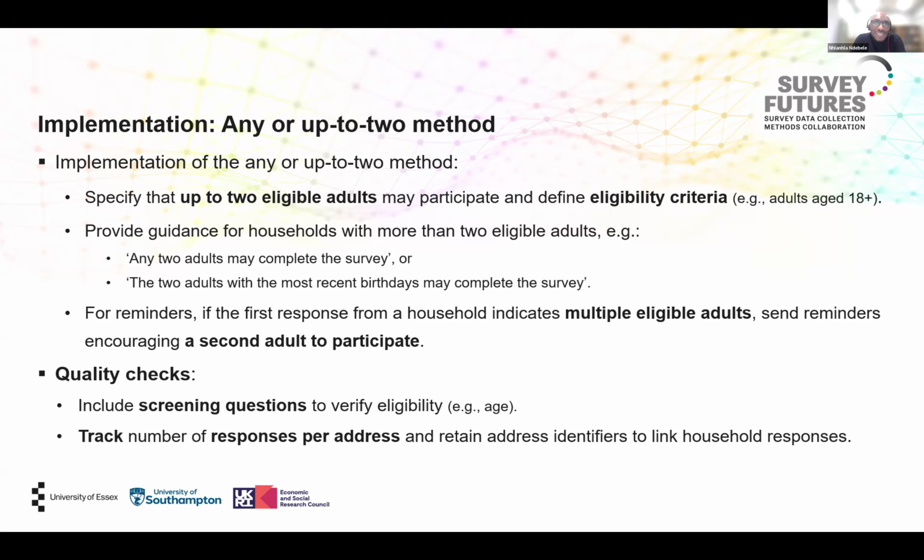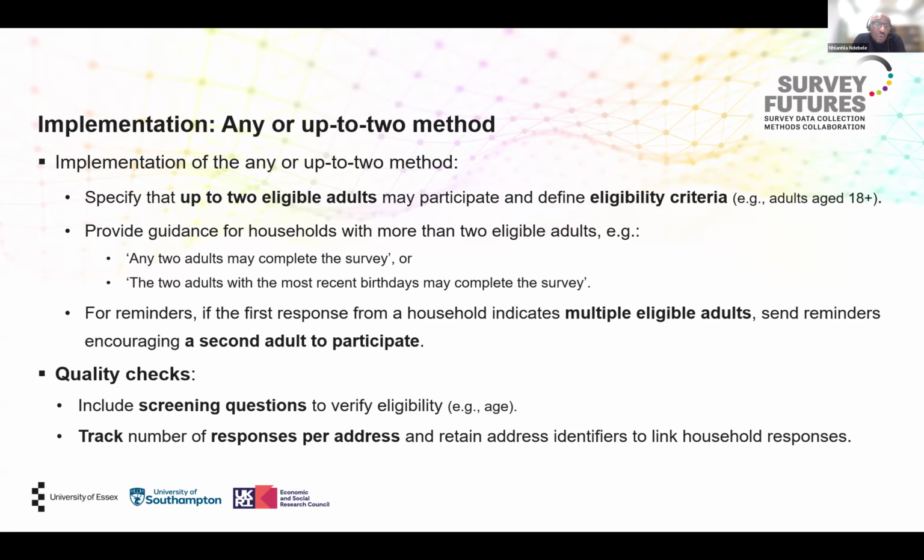The second person might be self-selected between the other 2 respondents. Or you can specify that you want the 2 adults with the most recent birthdays to complete the survey. Now, this combines the birthday method with the up to 2 method, but it's a way of guiding households on how to select people to participate.